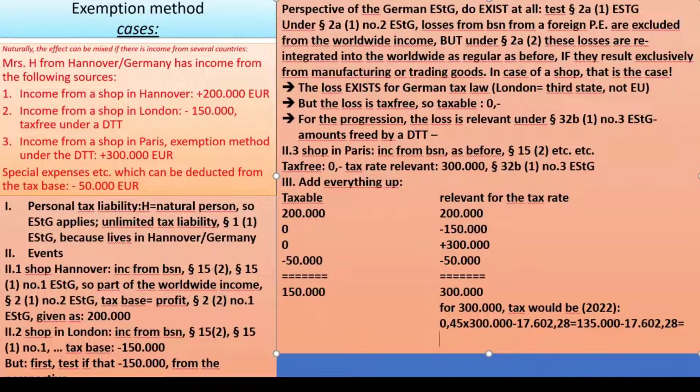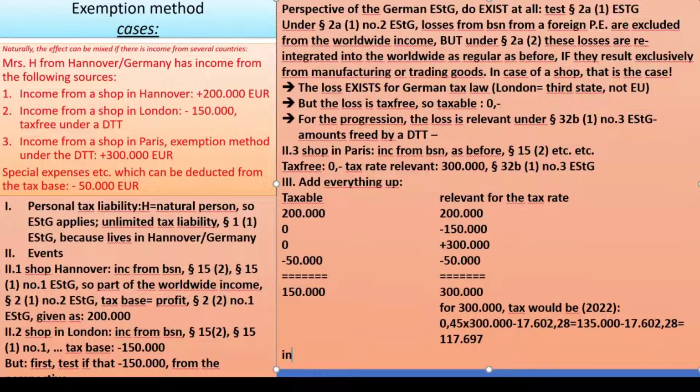That would be 117,697, and well, that would be in percent 117,697 divided by 300,000, and this is 39.23%.